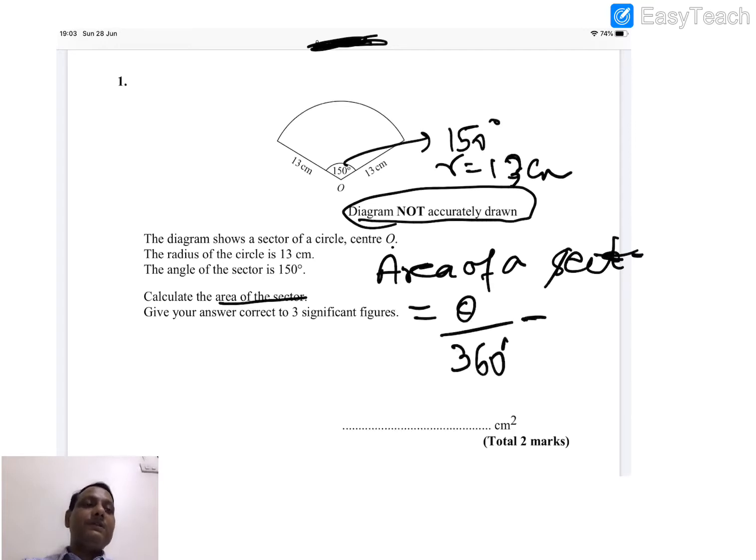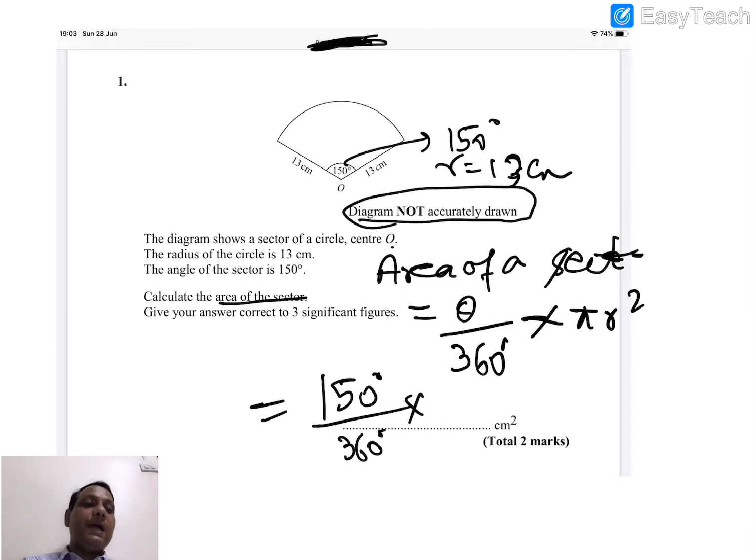The question I solved before was related to radian, and here I chose an IG question. So here theta is 150 degrees over 360 degrees, times pi, and the radius is 13 squared.